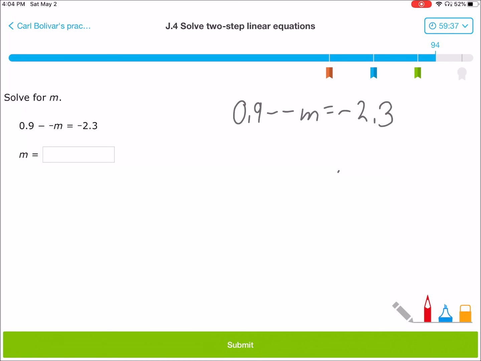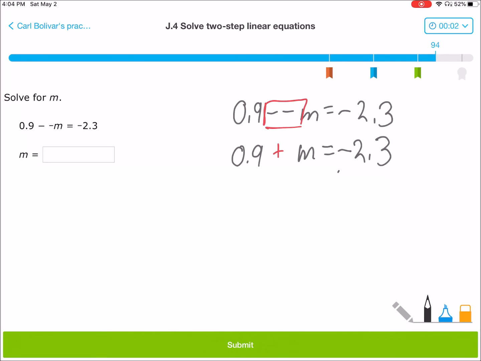Okay, first we have to simplify these two signs because they're multiplying each other. So this is 0.9 minus times minus is what? Yes, it's a positive. So positive plus n is equal to negative 2.3.